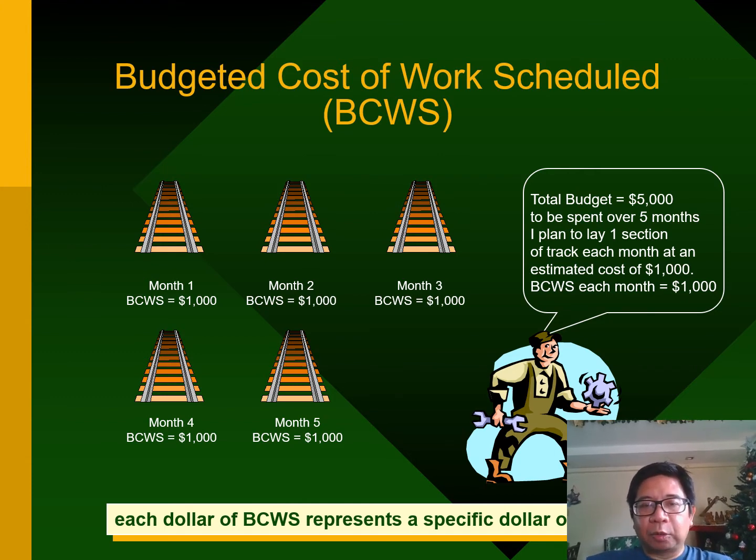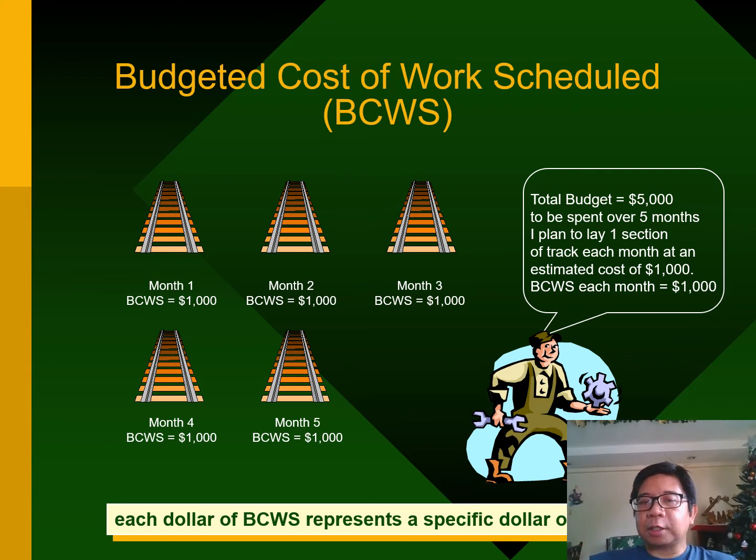For month 2, I also budgeted 1,000 US dollars to build 1 mile of track. So essentially, the BCWS of the work that I scheduled each month is 1,000 US dollars.